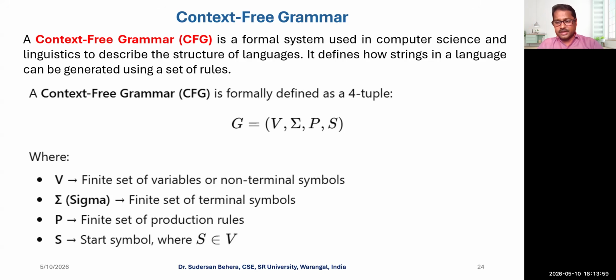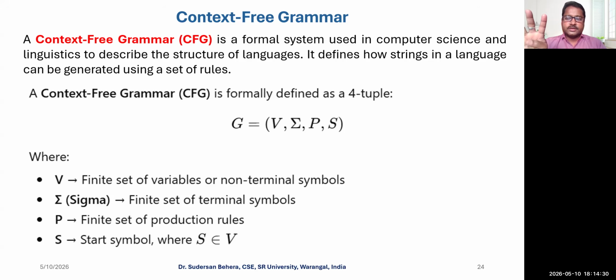When it produces a tree as an output, the tree starts from the starting symbol of the grammar, that is S. Is S a terminal or a non-terminal? It is a non-terminal, because it is clearly mentioned that S belongs to capital V. That means S is a part of capital V. Is that clear? Very good.